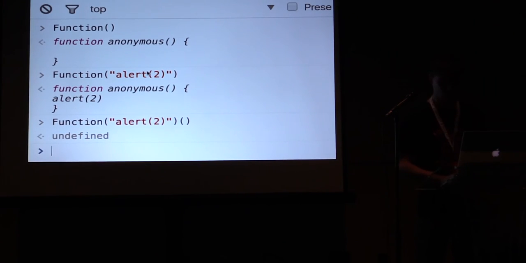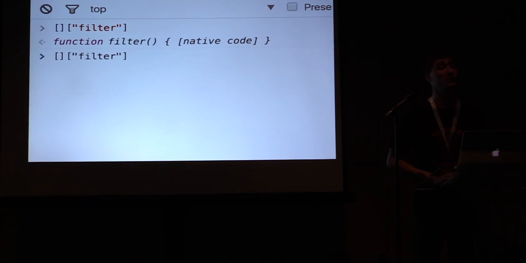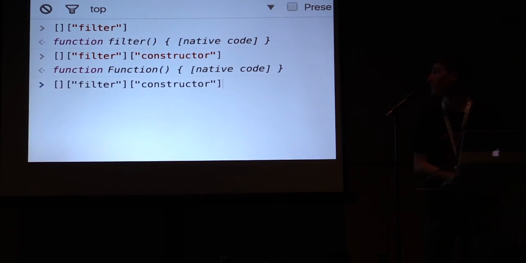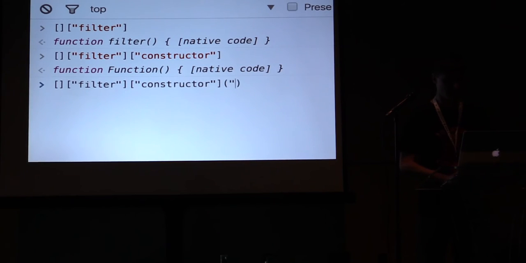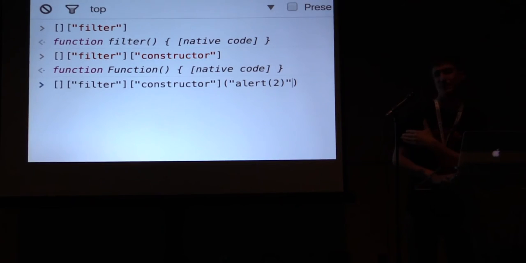So we'll take an empty array, and we'll refer to one of its functions, say filter. And this is the function filter. Let's refer to its constructor. As you remember, we can use all these letters. So this is the function. Now all we need is to call alert2 with a string that, as you already saw, we can also build.